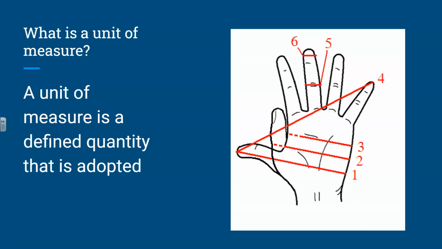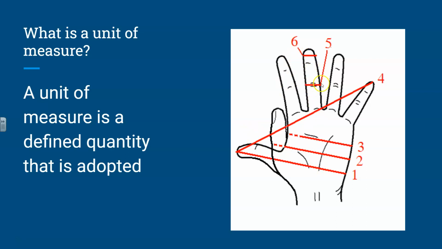Once it was realized that one person's foot isn't the same as another's, we needed to be able to measure the same. And I like this picture here because it shows many different ways that a hand has been used for measurement.